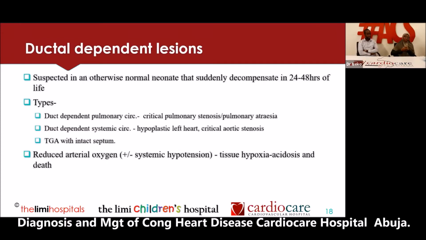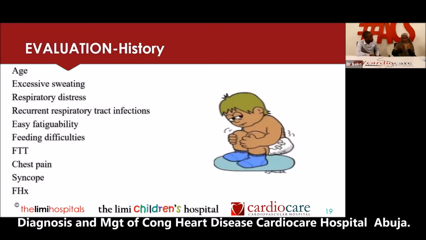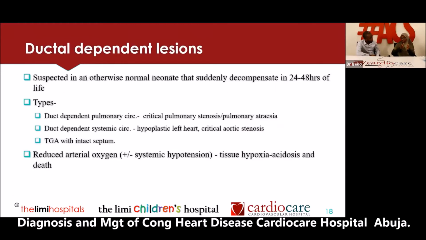And what really happens here is, for example, when we have TGA, we said there's parallel circulation. So that duct serves as a pathway for the systemic and the pulmonary circulation to mix together, to provide oxygen to the tissues. In addition, we could have something like the hypoplastic left heart lesions.